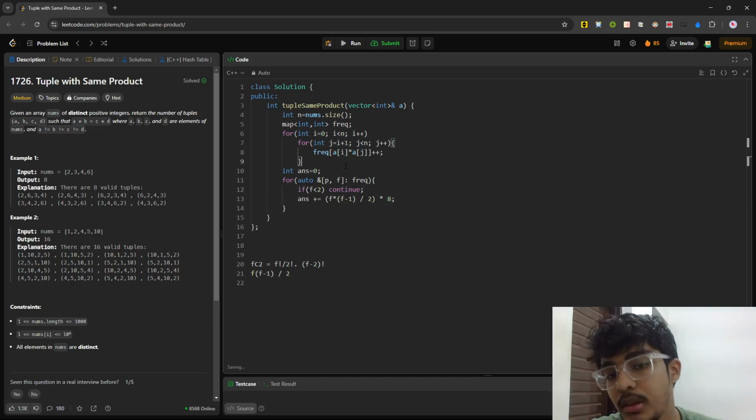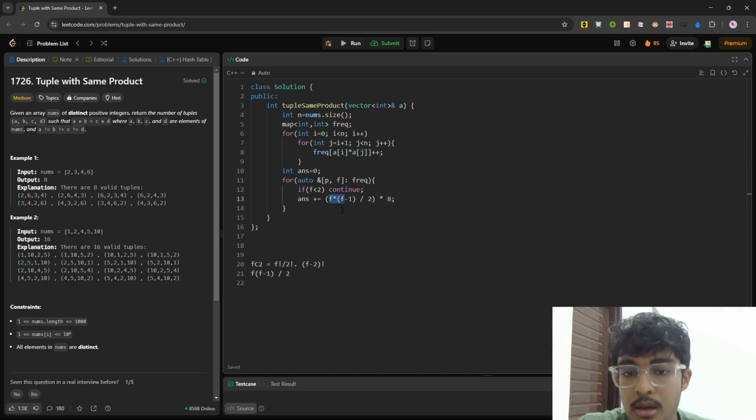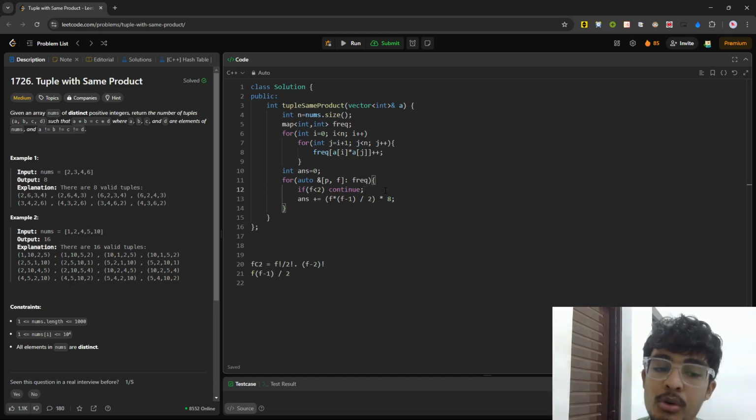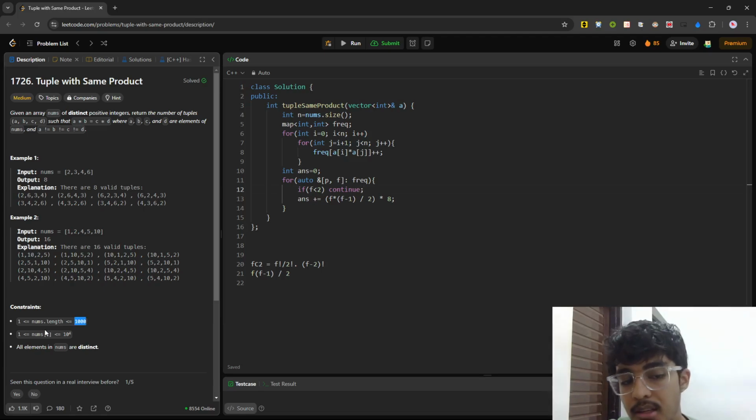Also, one thing to note here, if I am multiplying f and f minus 1 together, it will not cause an integer overflow. Why? Because the maximum allowed length here is 1000, and the maximum value for nums of i is 10 raised to the power 4.